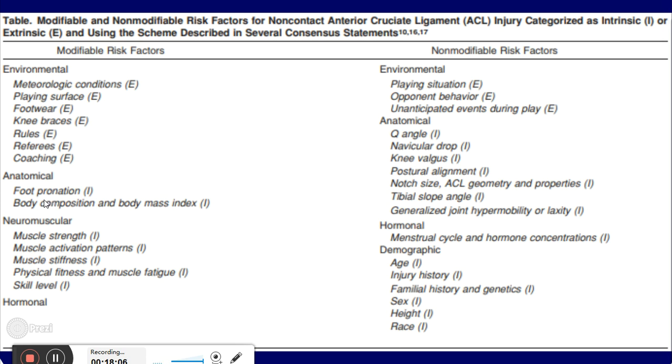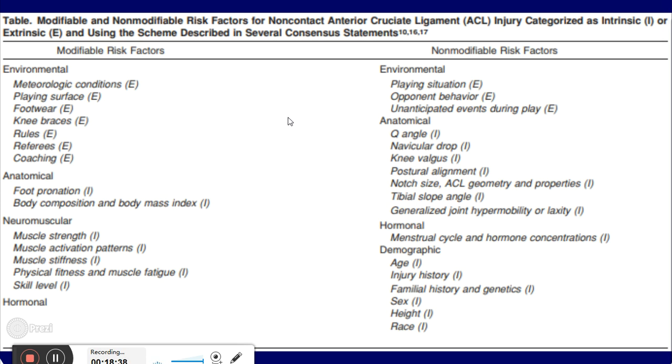Neuromuscular issues and deficits include muscle strength, muscle stiffness, muscle activation patterns, and hormonal treatments. Non-modifiable risk factors can include what the players are doing, and anatomical problems such as Q angle, knee valgus, intercondylar notch size, and tibial slope angle.